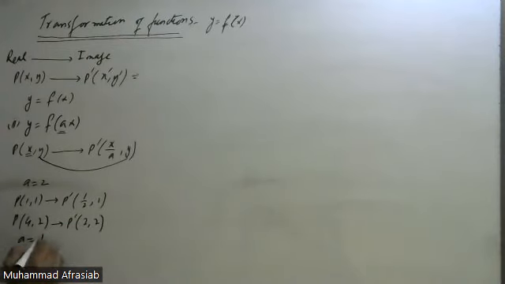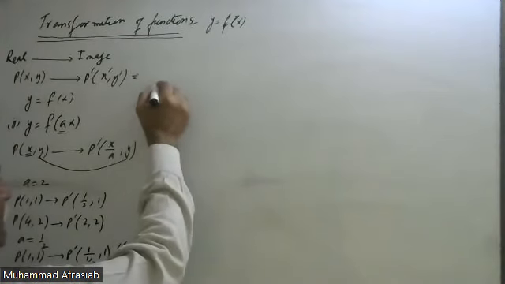If a is equal to half, then the point (1, 1) will become (1 divided by 1/2, 1), which is (2, 1). If the point is (2, 4), the image will be (2 divided by 1/2, 4), which becomes (4, 4).